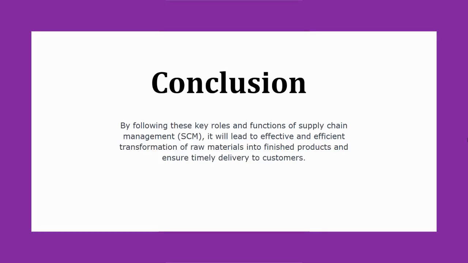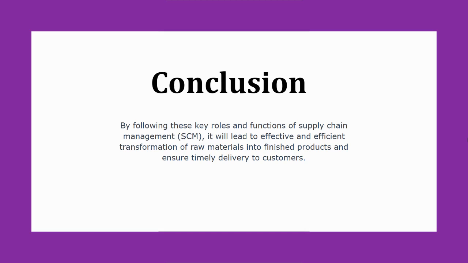Now, in conclusion, by following these critical roles and functions of supply chain management, we talked about planning, demand and forecasting, procurement and supplier management, production and manufacturing, logistics and transportation, and all these different processes, including information systems and technology.